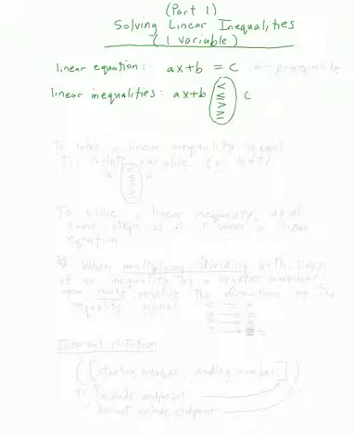We either have less than, greater than, less than or equal to, greater than or equal to. Four different symbols. So before watching this video, you must understand how to solve linear equations. Understanding how to solve these is a prerequisite. If you're still confused about this, you need to go back and watch that video and do some practice problems first. We're going to assume knowledge of that to do the linear inequalities.